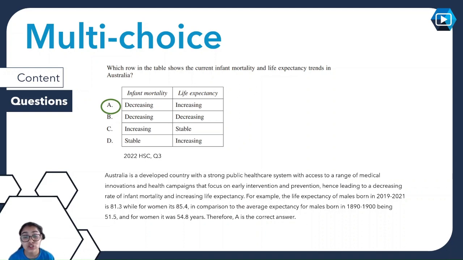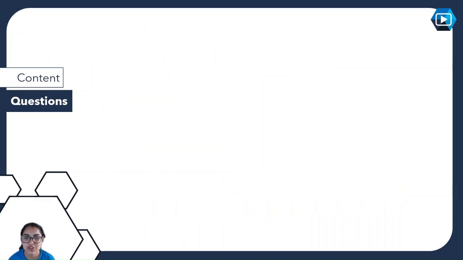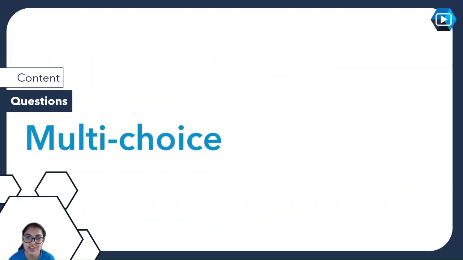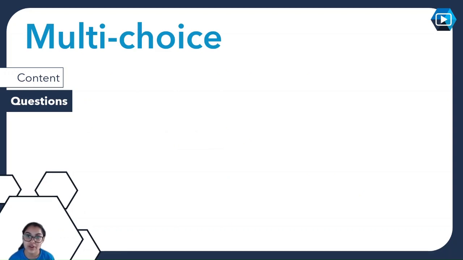So we could see that generally the trend is increasing, and that was also seen in the graph earlier. So A is the correct answer here. With multiple choice, it's always good to follow a method of elimination, because it helps you feel quite confident with your choice.